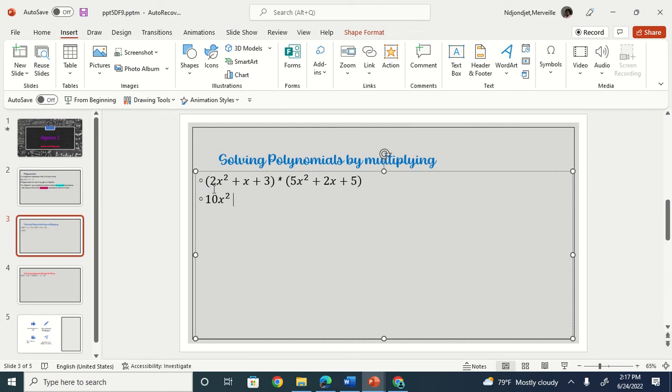You can also multiply, for example, x times 5, because x times 5 would be 5x, right? So 2x squared times 5x squared will actually be 10x to the power 4.